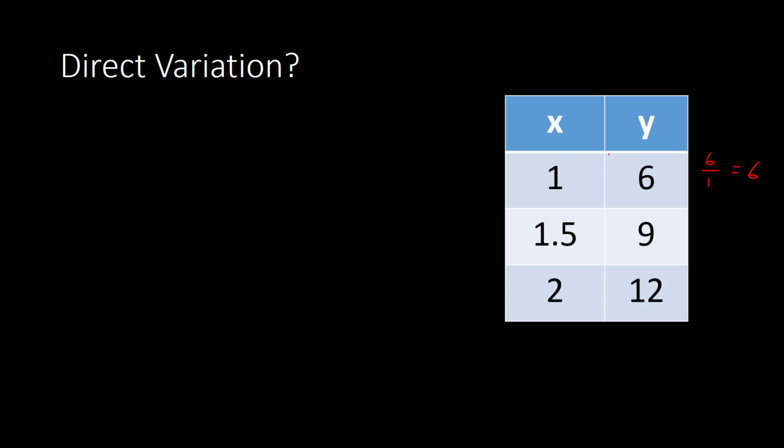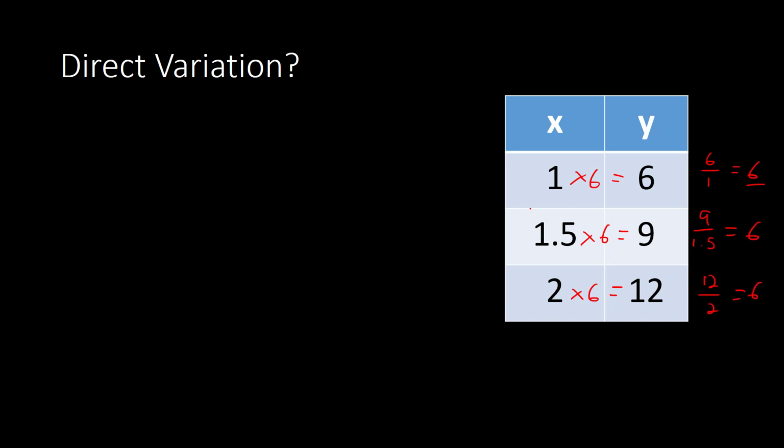So what I have here is, if we take 1 times that 6, we're going to get 6. And then if we take 9 divided by 1.5, then we'll also get 6. So what that means is if we take 1.5 times 6, we get 9. Then notice 2 times 6 gives me 12, or I can take 12 divided by 2 to get 6.